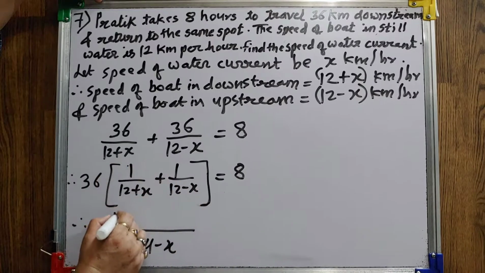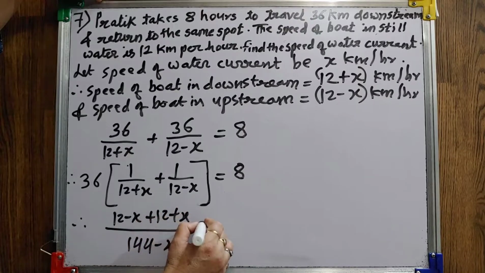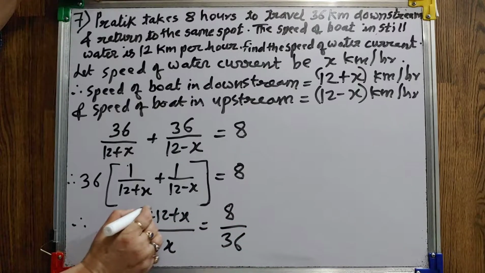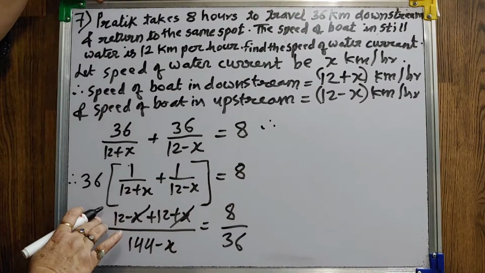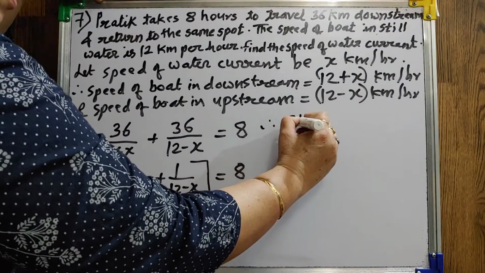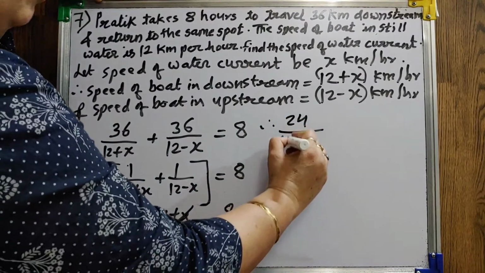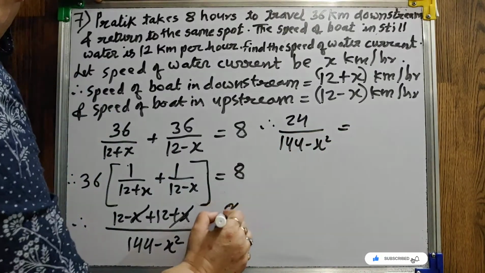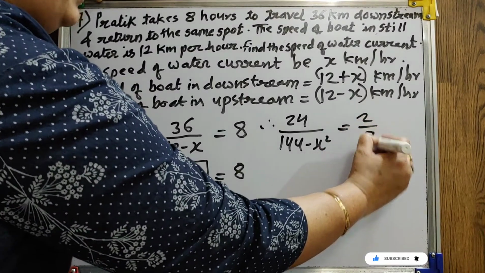Then this will multiply here, 12 minus x, 12 plus x, transfer 36 that side. Now x will get cancelled. So 12 plus 12, 24 upon 144 minus x square. 4 2s are 8, 4 9s are 36, it will be 2 by 9.